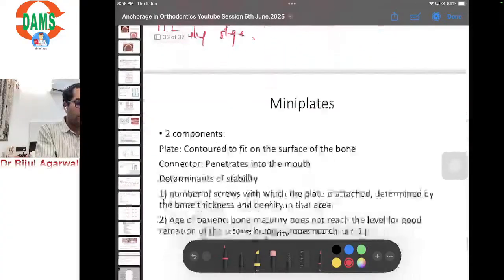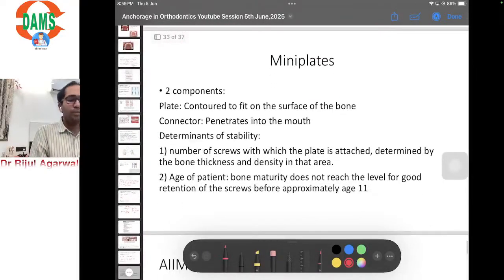Okay, next are the mini plates. So as implants, mini plates are also used for anchorage, skeletal anchorage system. So they have 2 components. One is a plate component and a connector component.